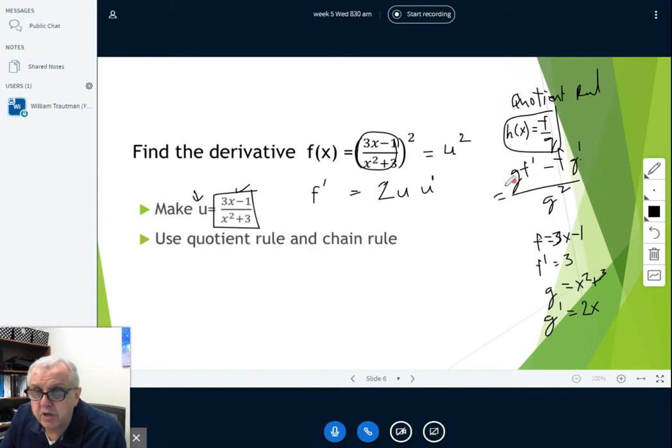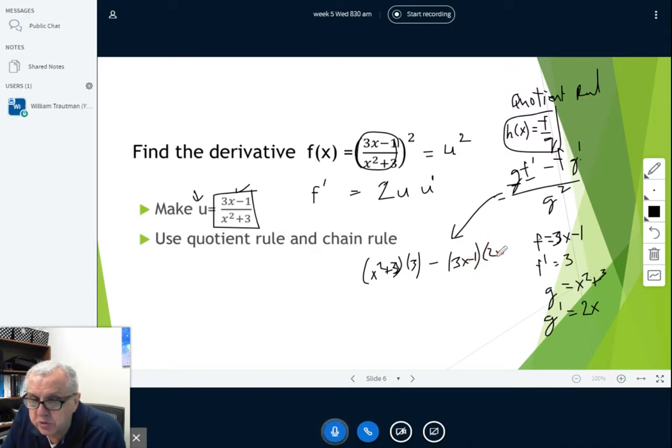So to find the derivative, I have to plug it into this formula. g goes first. g is x squared plus 3 times f prime, which is 3, minus f, which is 3x minus 1, times g prime, which is 2x, all divided by g squared.